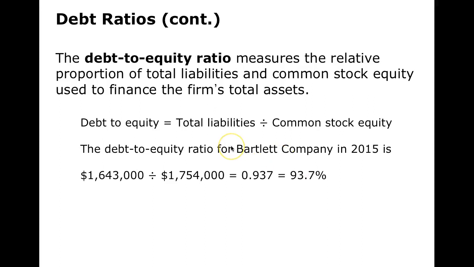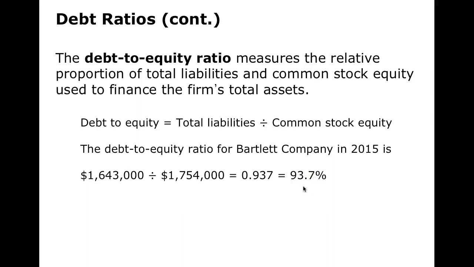Now, if we look at debt to equity, we want to see the relationship of how much of your company's liabilities are financed by equity. So we're comparing debt to equity. Here we have debt of 1.6 million and equity of 1.7 million, so debt is 97% of your equity.